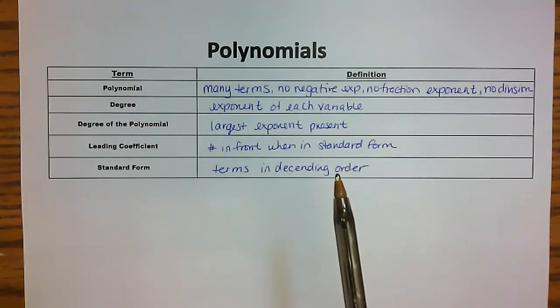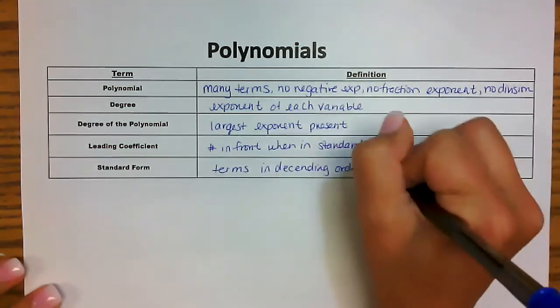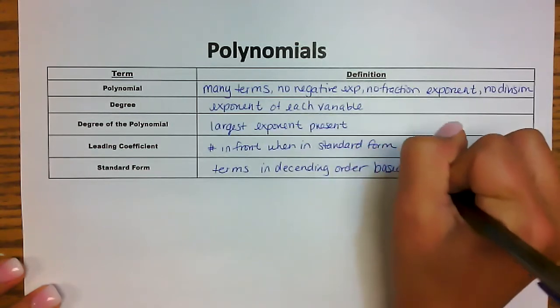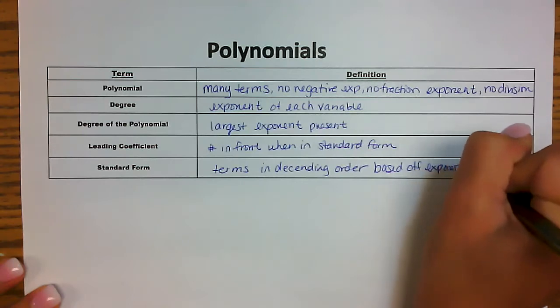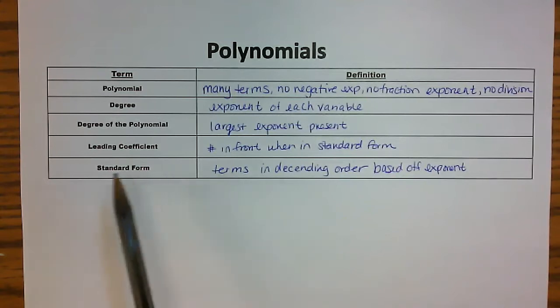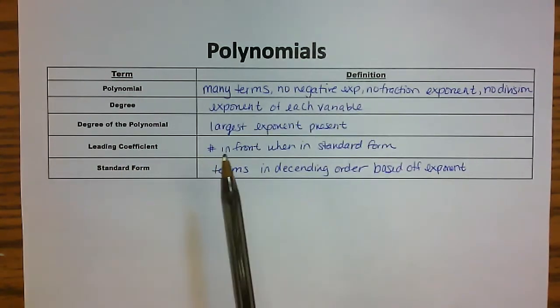So the highest goes first, and then the next term, and the next term. And this is going to be based off of your exponent. And last but not least, once you have it in standard form, the leading coefficient is going to be the number in front of the variable when it's in standard form.